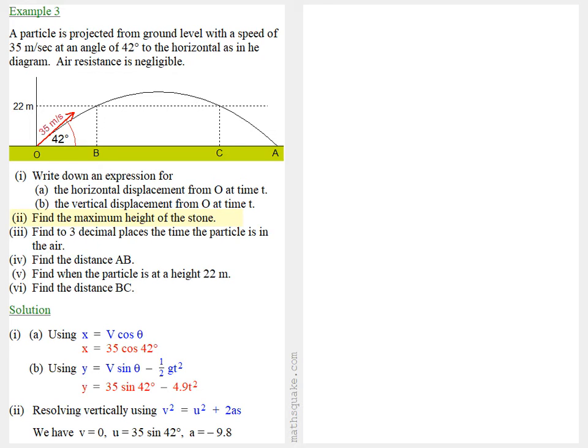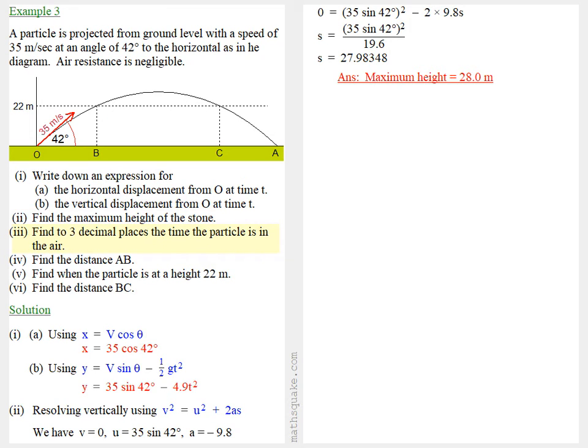So we have 0 equals (35 sine 42) all squared minus 2 times 9.8 s. Now that rearranges as s is (35 sine 42) all squared divided by 19.6, which works out to be s is 27.98348. So rounding that off, we have the maximum height is 28.0 metres.